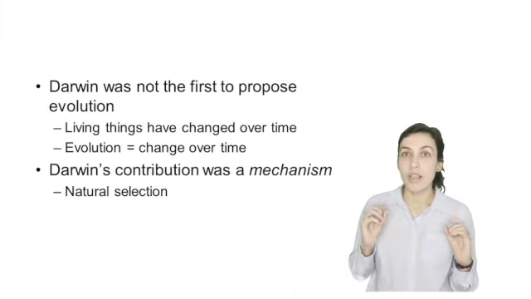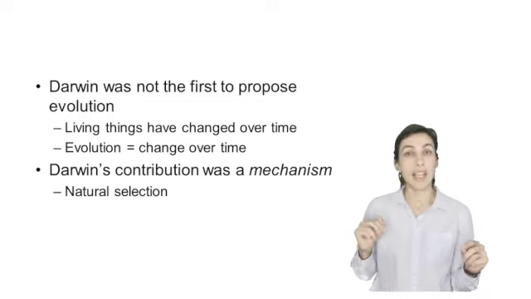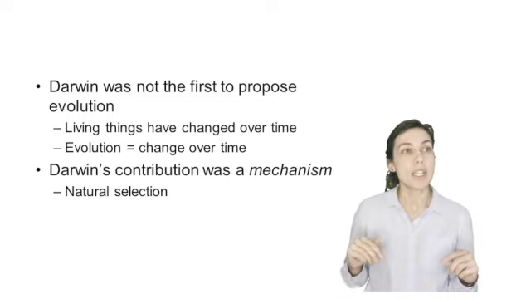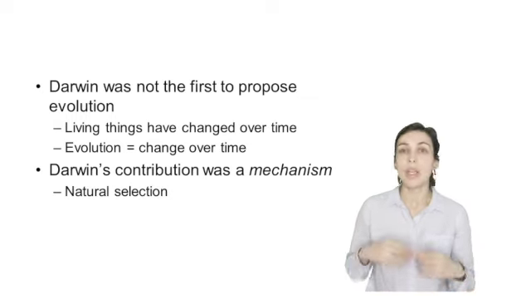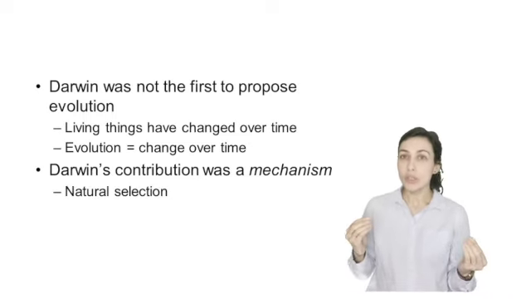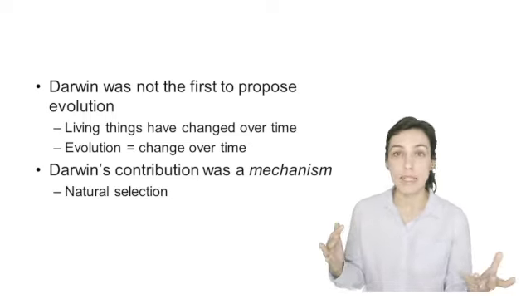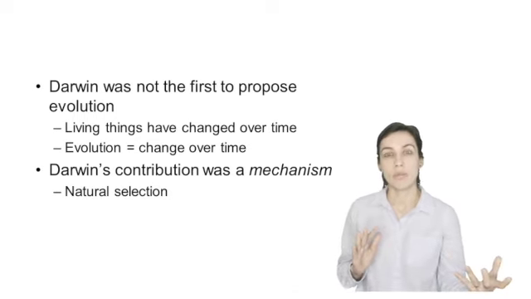It's important that I note, and that you remember, because it will be on a quiz or a test, that Darwin was not the first person to imply that evolution happens. And evolution, in the most basic terms, is change over time.